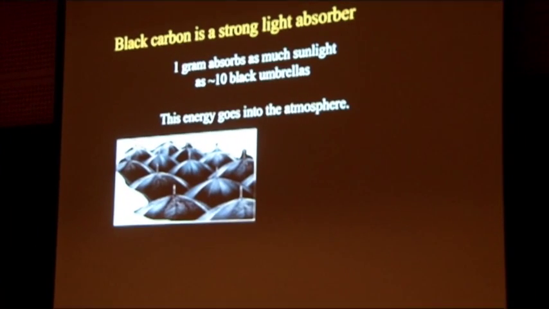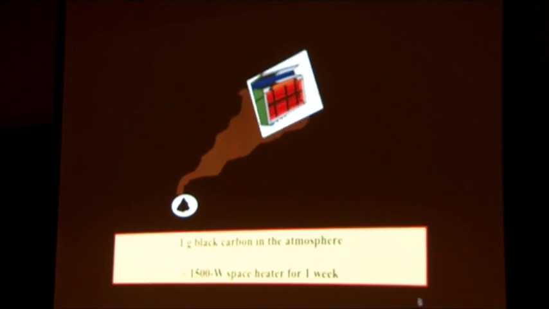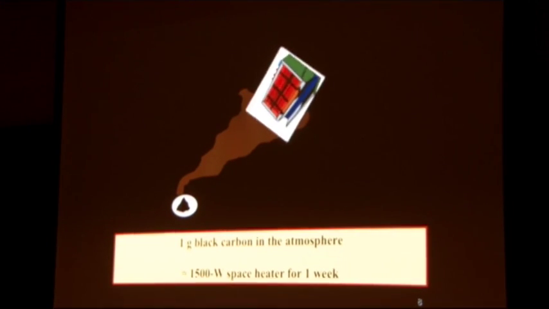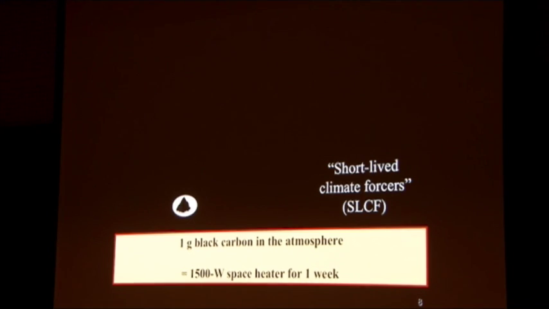And when it absorbs the light, it does not keep it, but that energy goes into the atmosphere as heat. So black carbon is taking heat from the sunlight, putting it in the atmosphere, and this causes a warming of the atmosphere. If you put 1 gram of black carbon in the atmosphere, it is like putting a small space heater, like the kind you have for your feet, but you're not supposed to, right, in your office. This little heater, you put it in the atmosphere for 1 week.